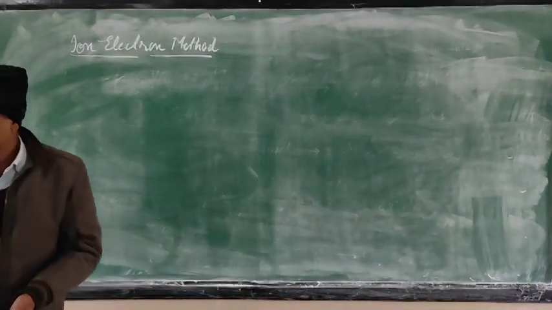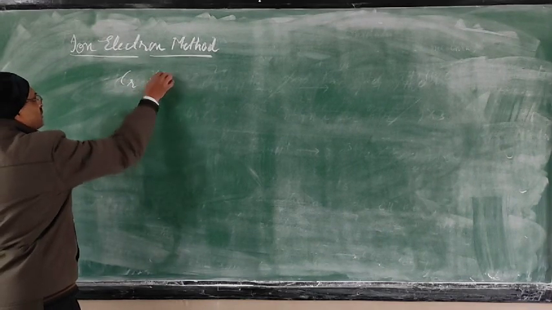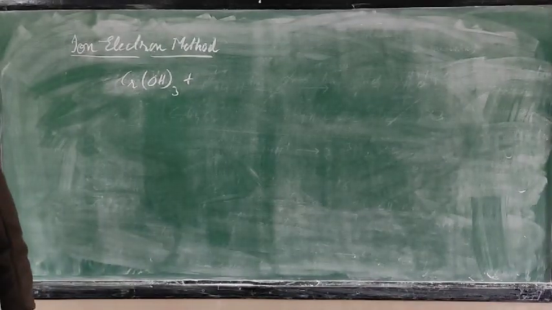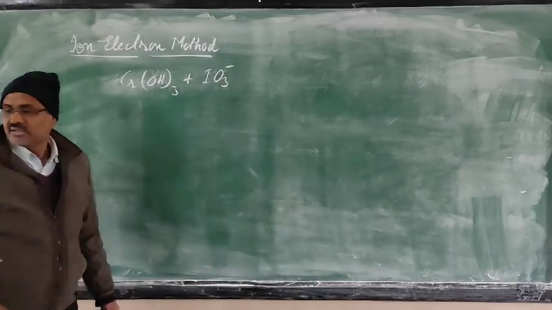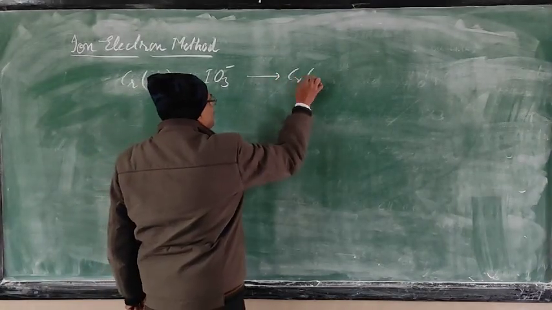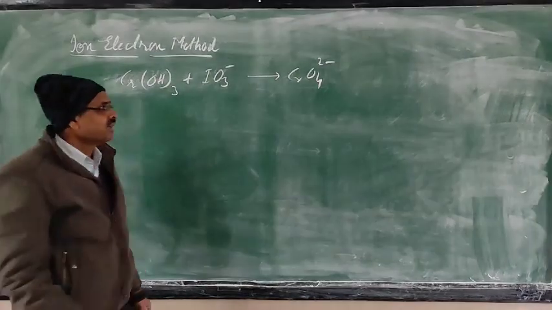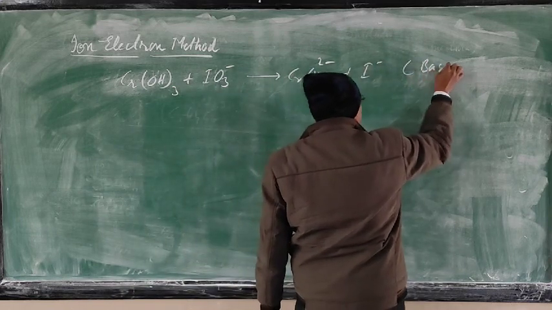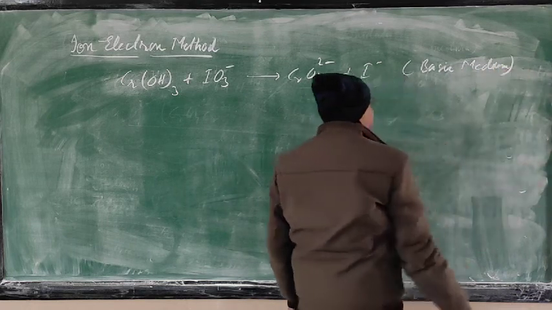So now the second example: Cr(OH)3 plus IO3 negative gives CrO4 2 minus plus I negative. This one is given in basic medium, as we studied.